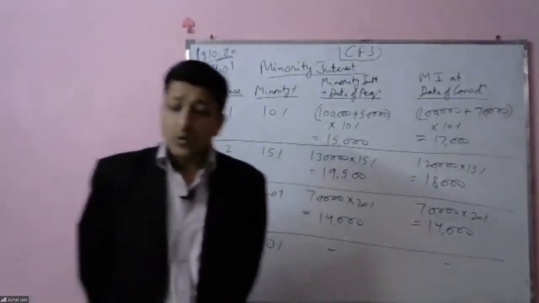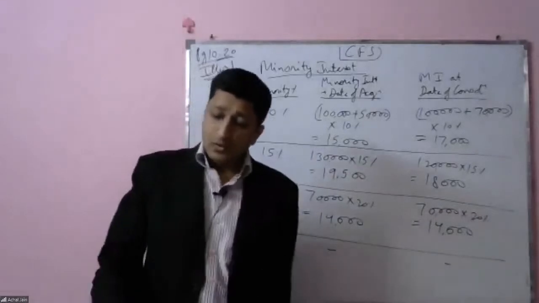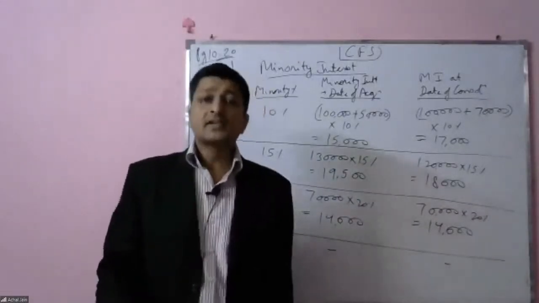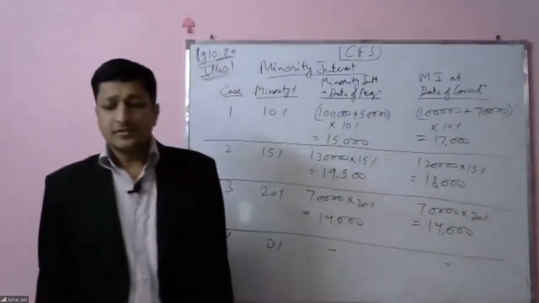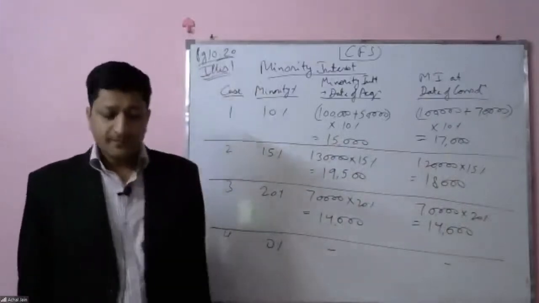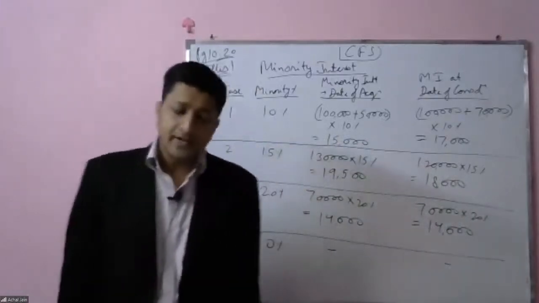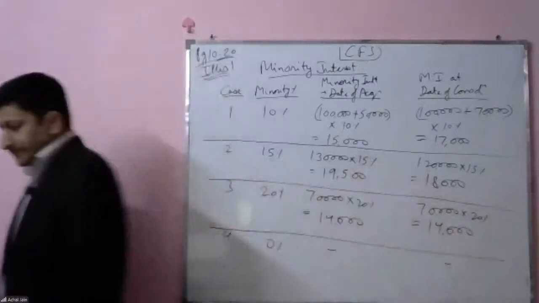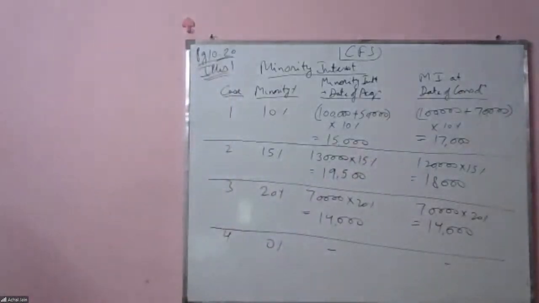Meghna is asking, sir, cost indicates what? Cost indicates the purchase consideration, means the amount which is paid for acquiring the interest. So you can also say it is cost of investment.